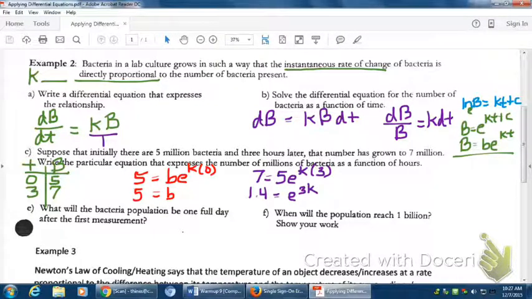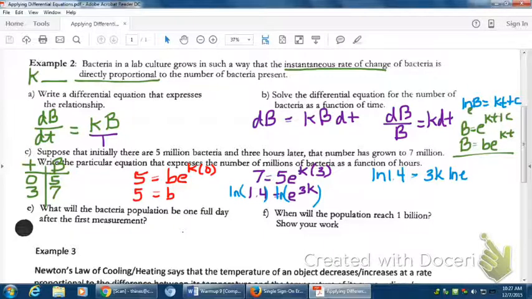Now, to get the k to come down, you take the natural log on both sides. When you put a natural log in front of something that has a power, the rule is that the power can come down in front of the natural log. So we have natural log of 1.4 equals, bring down the 3k, natural log of e.